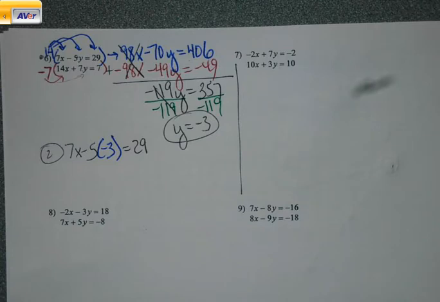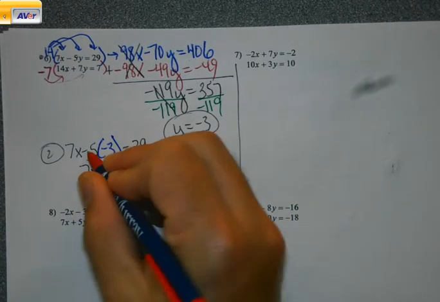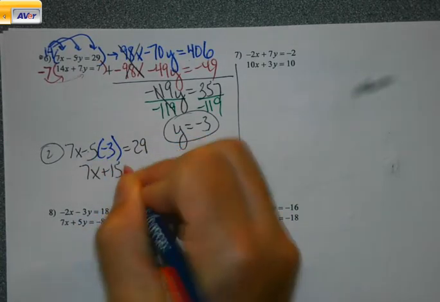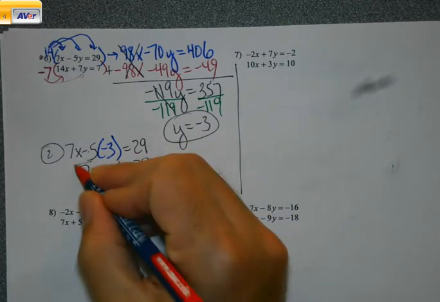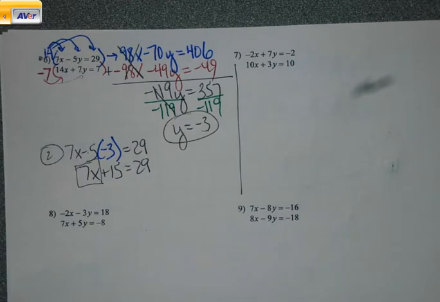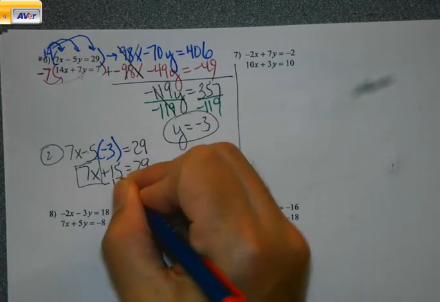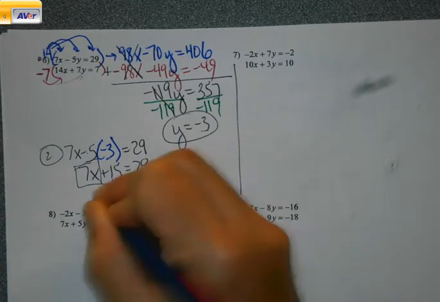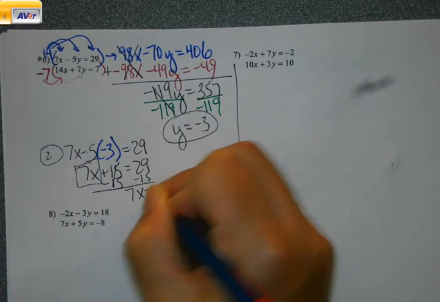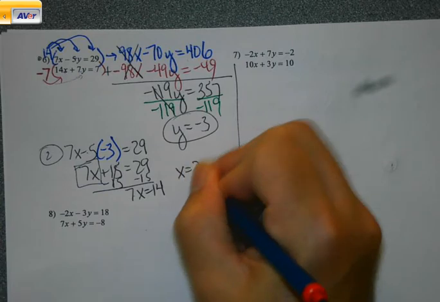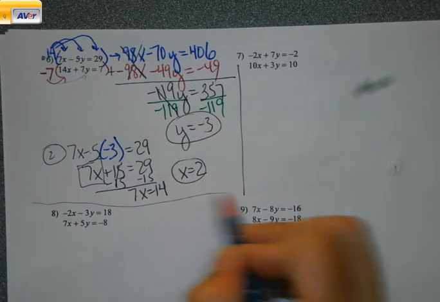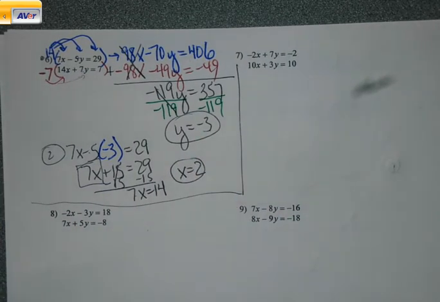Okay, making sure that we get this down. Negative times negative is a positive 15. I'm trying to get x by itself, and again, I box that in because it reminds me, hey, whatever's with the box side, that's what I need to do the opposite of. So minus the 15. And divide by 7. Okay, they clean up pretty nice.